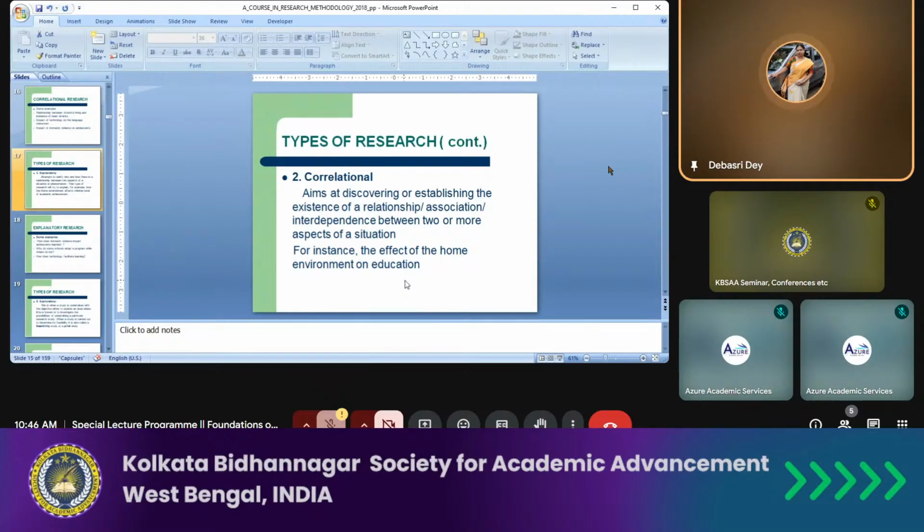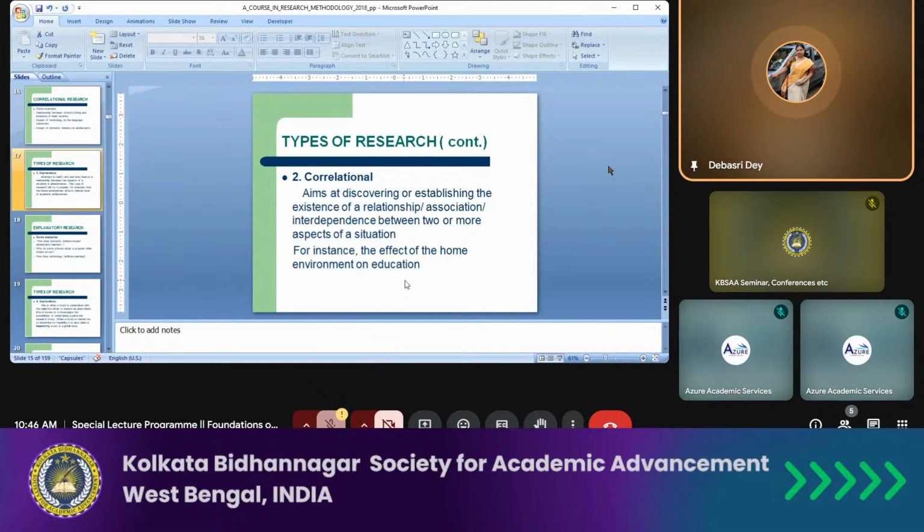So, suppose X is your dependent variable and Y is your independent variable. Is X dependent on Y positively or negatively? That means if Y increases, X also increases; if Y decreases, X also decreases, or not. That you have to find out.